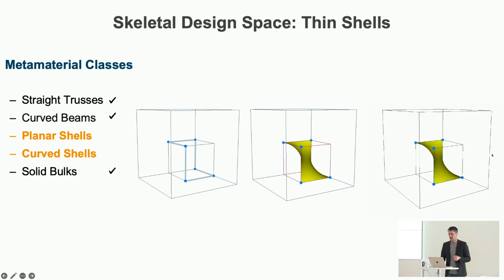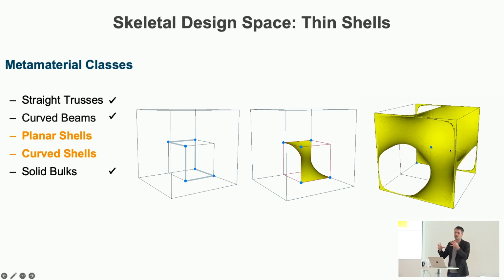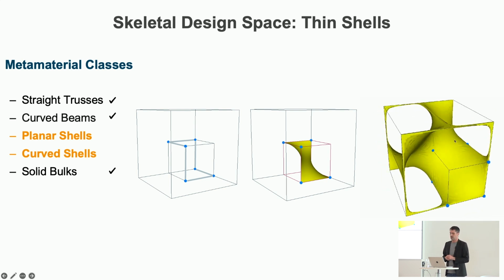And if you tile this, you get a structure called the Schwarz-D surface, which is a very famous metamaterial structure. It's a triply periodic minimal surface, TPMS. And this comes up more often in the talk because this class of structures have very good physical properties, so they're of special interest. Okay, so with this, we can also build this kind of structure.